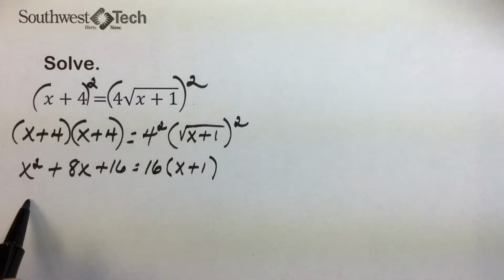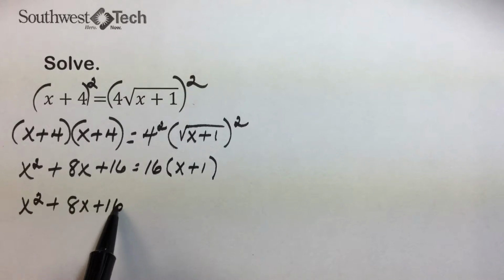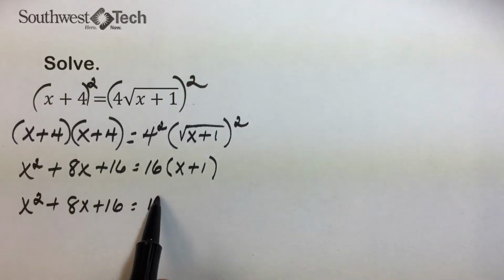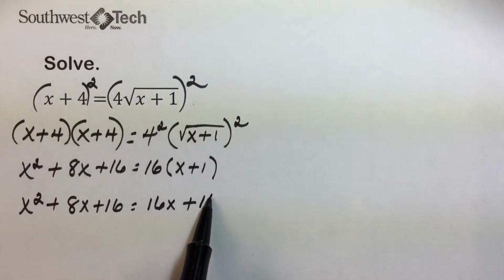Simplifying on the right, we can use the distributive property and multiply each of the terms by 16, which leads us to 16x plus 16. Here we have a quadratic equation, so we will want to put this in standard form, which means everything is on one side of the equal sign.